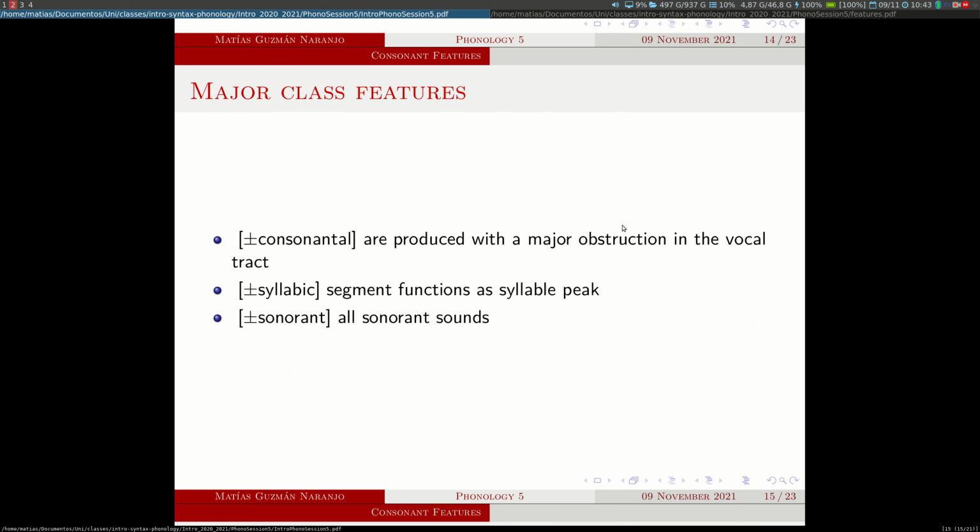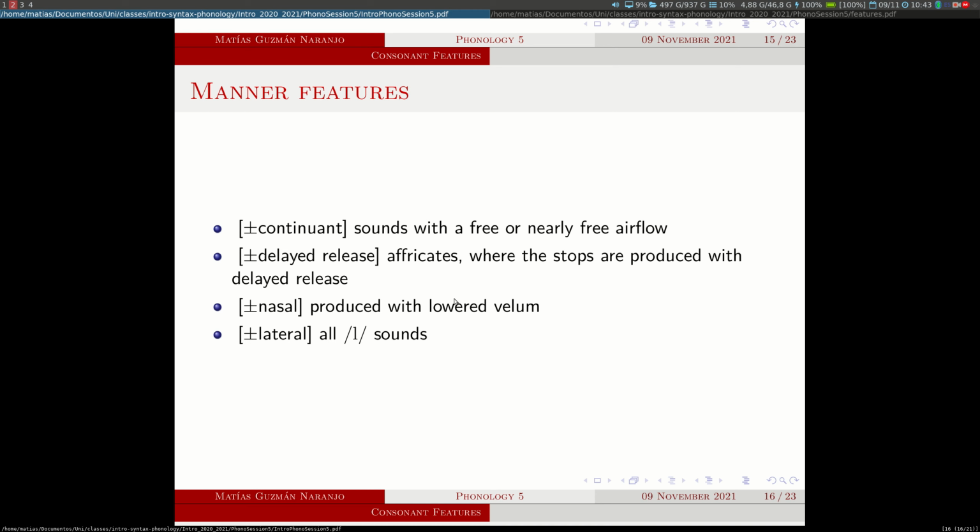So here is a brief description of the individual features. Consonantal: they are consonants, there's a major obstruction. Syllabic is about vowels, whether they are syllable peaks or not. Sonorant, that they are sonorant sounds. Continuant, whether the flow of air is free or nearly free. There's something called delayed release, which is about affricates.